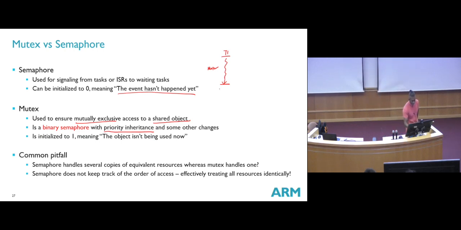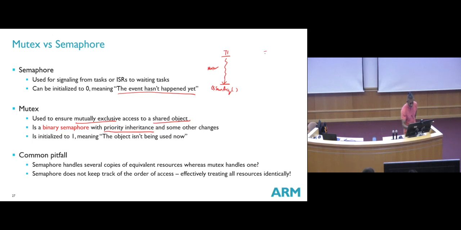At that point I call osSemaphoreAcquire, but my initial count is 0. If my initial count is 0 and I call acquire, what will happen? I will block, correct? So if I am blocked, then I stop the motor or something like that.